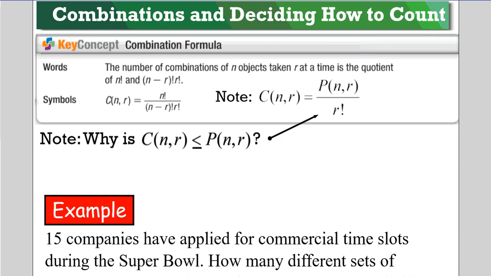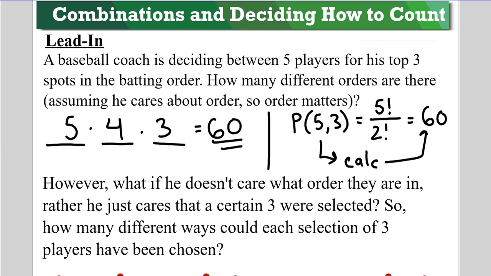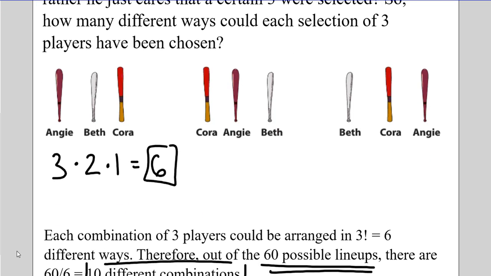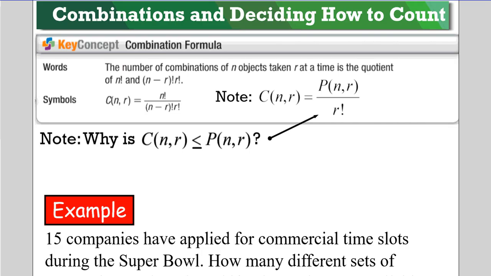So this type of mathematics is called a combination. A combination is when I'm selecting items and order is no longer important. It's the number of combinations of n objects, so n is the total, r is still how many we're picking. The difference here is, though, that order is not important. Just being selected is important.